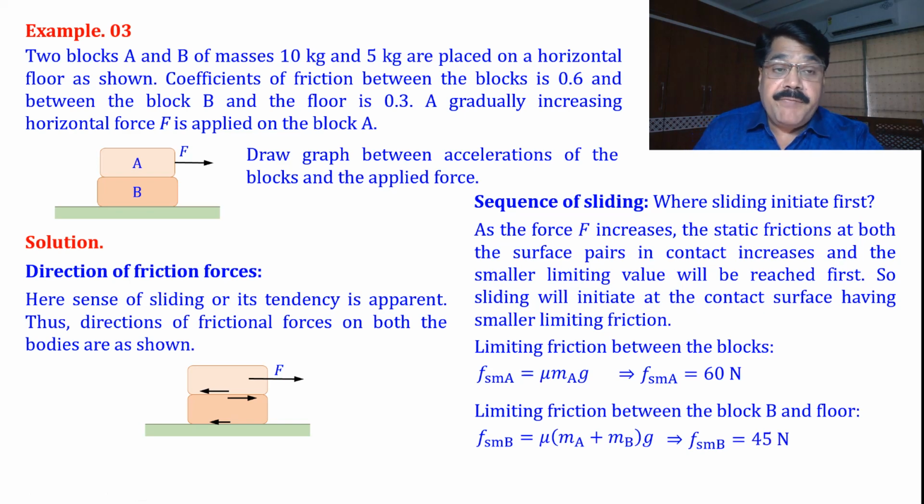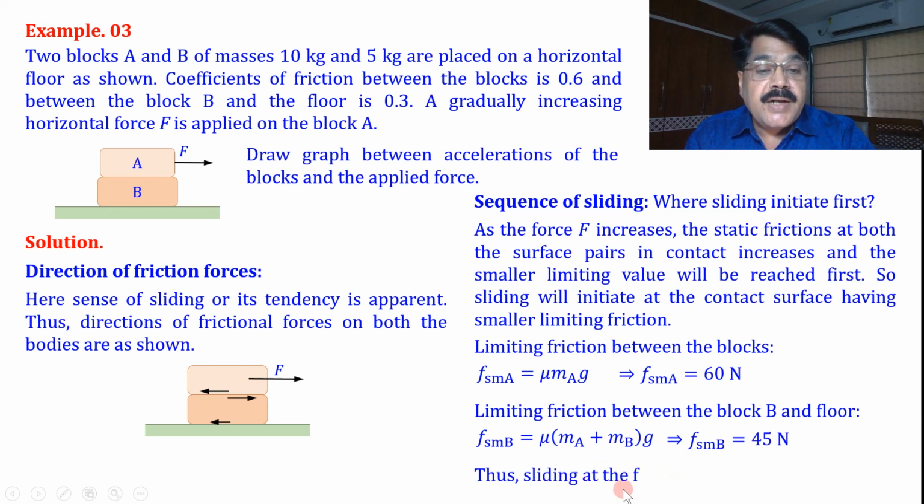So both limiting frictions we have calculated. Now we can see that sliding at the floor will initiate first. Why? We have seen that before sliding initiates, all the blocks are in equilibrium, so both these frictions will grow simultaneously. Where it achieves its limiting value, sliding will initiate first. The limiting value is smaller at the floor, so at the floor sliding will initiate first.